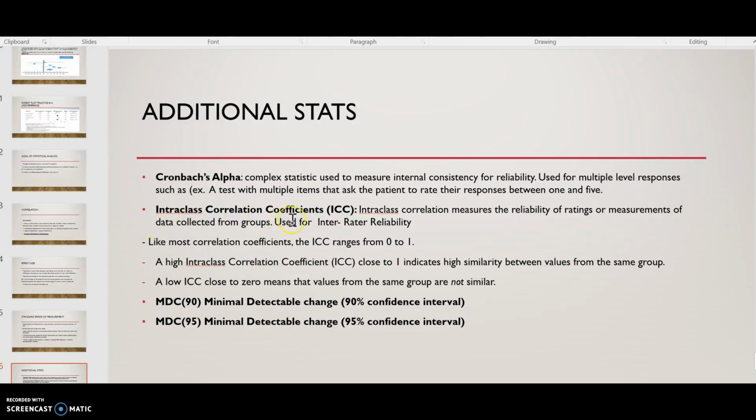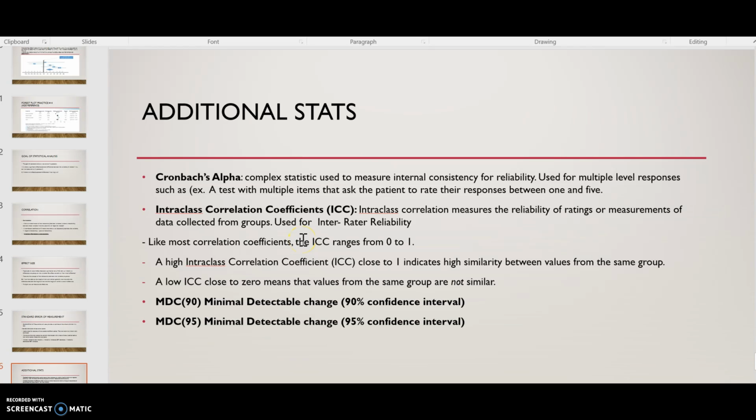intra-class correlation. Now, again, intra-class correlation measures the reliabilities of ratings or measurements of data collected from groups, and it's used for inter-rater reliability. So this is another version of the Pearson's correlation, which we talked about, which looks at the relationship.